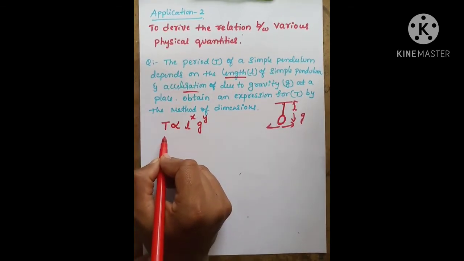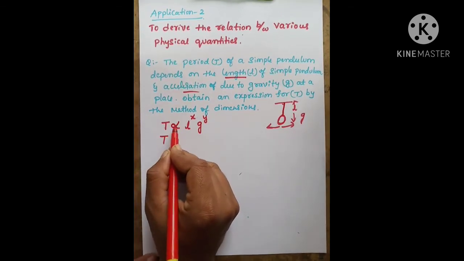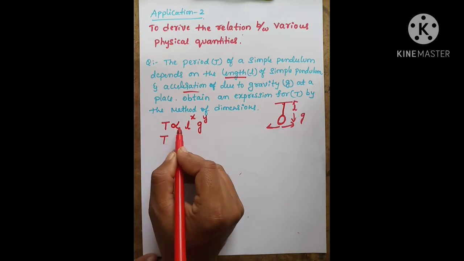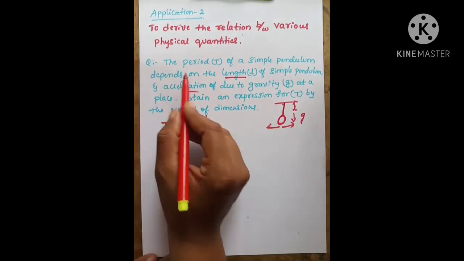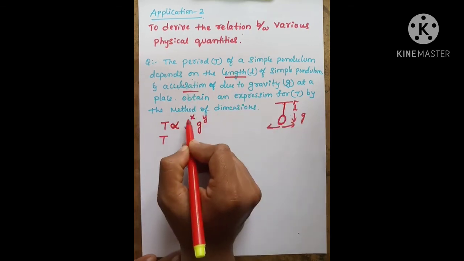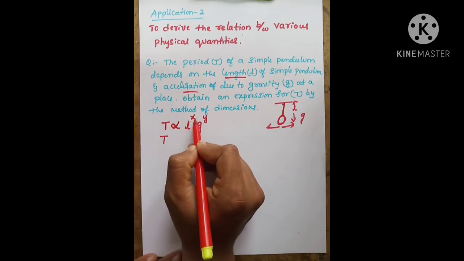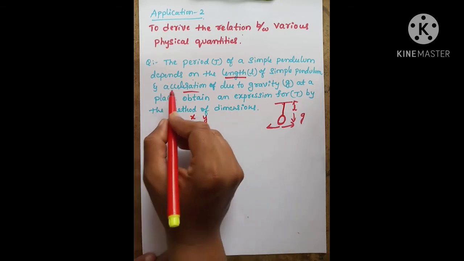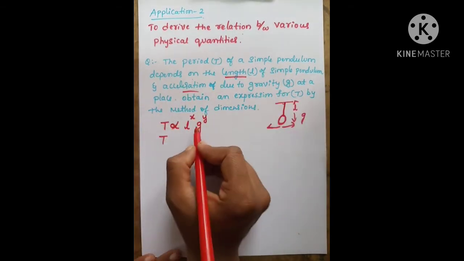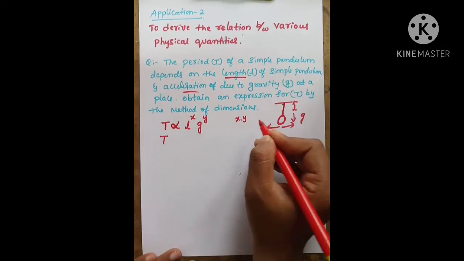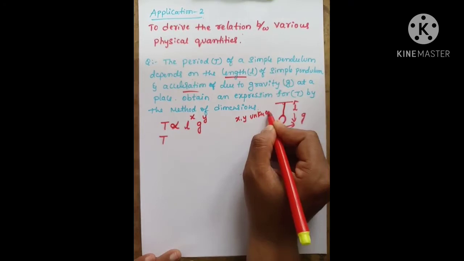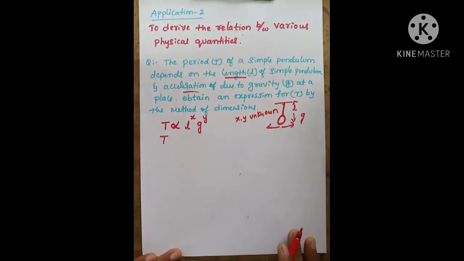For time period, in order to remove this proportionality, T is directly proportional to L to the power of x, in general x, because we don't know x. Then it depends on the acceleration due to gravity, g to the power of y. x and y are the unknown dimensions, we don't know the values of x and y.